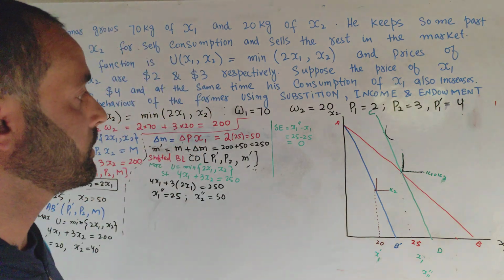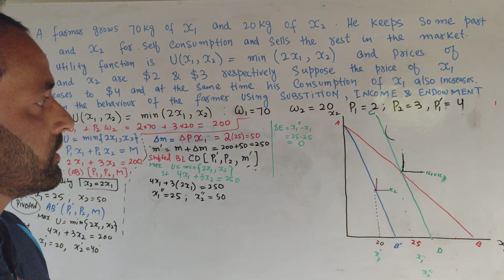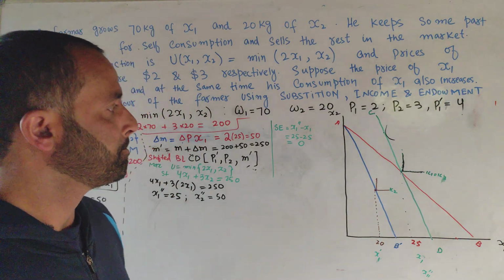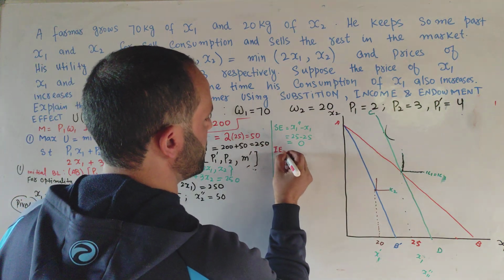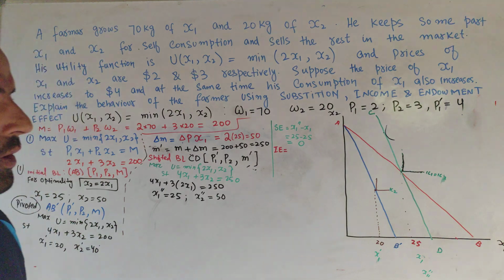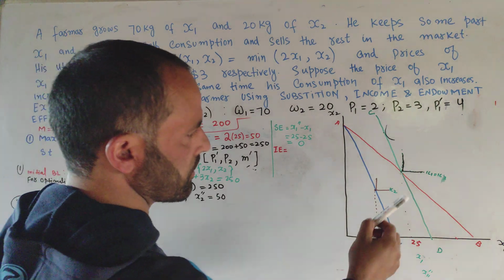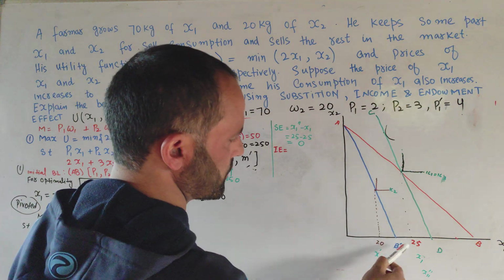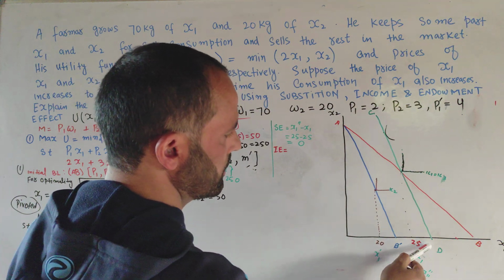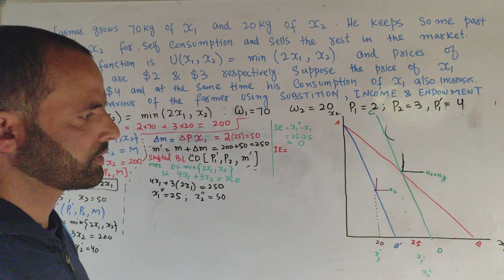Now we need to find out the income effect. Okay, what will be the income effect? Let us denote it. So from this to this, it denotes the income effect.